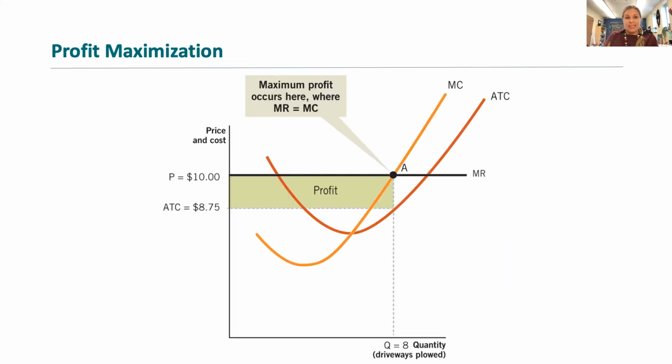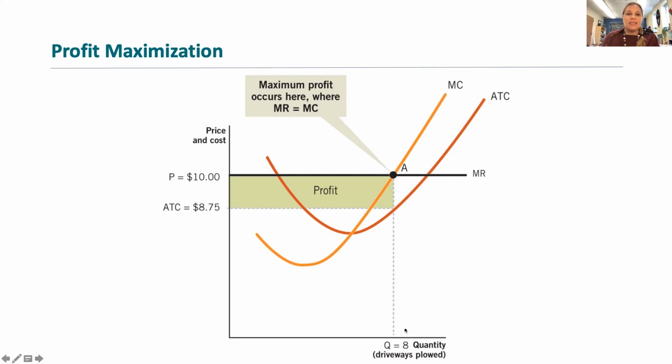So this means that if at the price of $10 graphically, we draw our horizontal line here and we see that Mr. Plow is going to break even at the point where that price curve intersects with the marginal cost curve. At the point A, marginal revenue is equal to marginal cost.